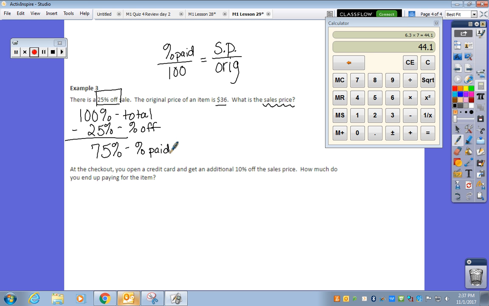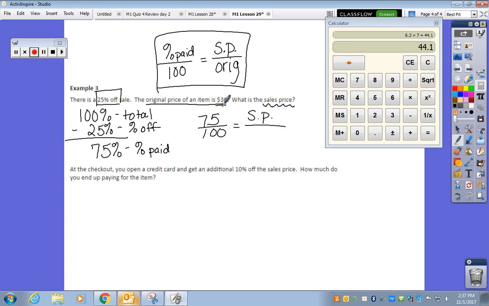I'm just going to fill in the numbers from my set of equal fractions here. Percent paid is 75. That goes over 100. I'm trying to find the sales price, and it tells me right in the problem the original price is $36.